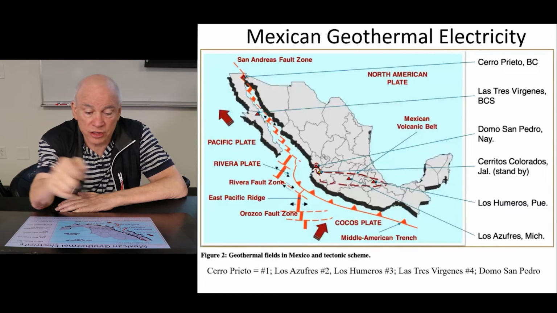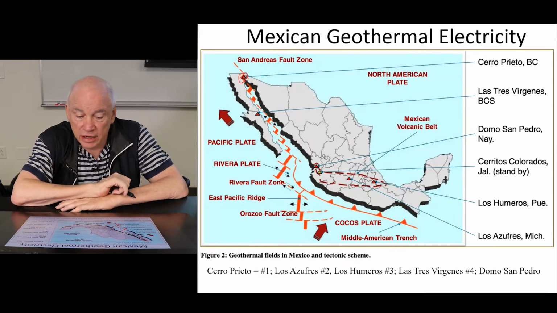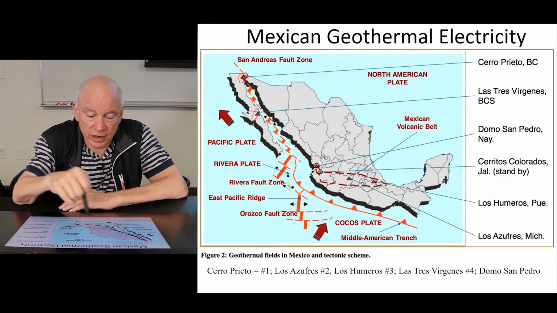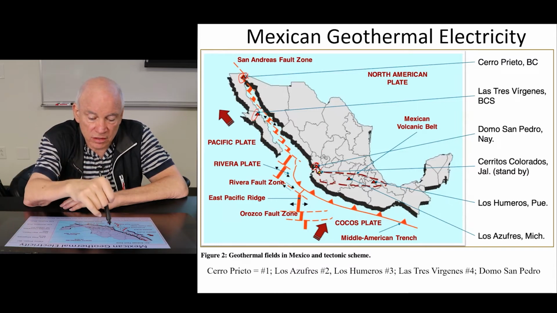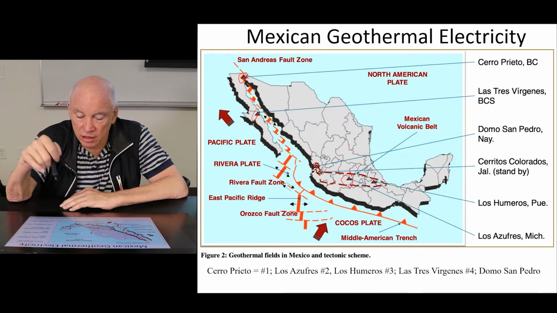So here's Cerro Prieto in a map of Mexico, and here are several other geothermal energy plants in Mexico. Los Tres Vírgenes, Domo San Pedro, Cerritos Colorados, Los Humeros, and Los Azufres.